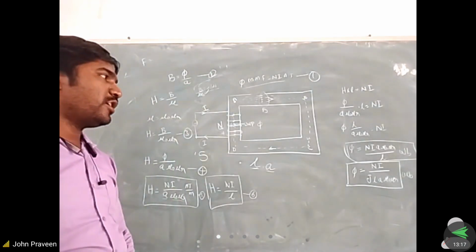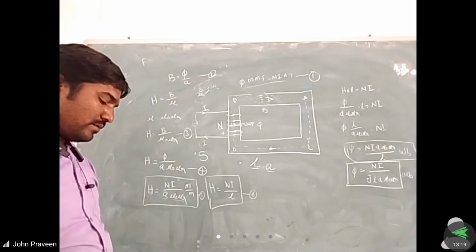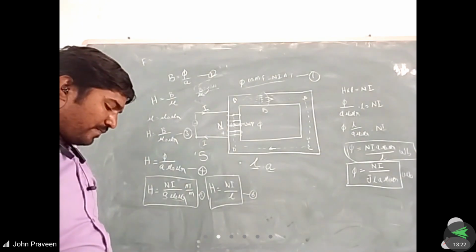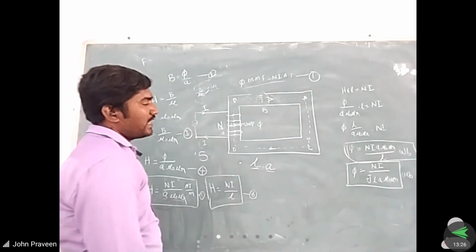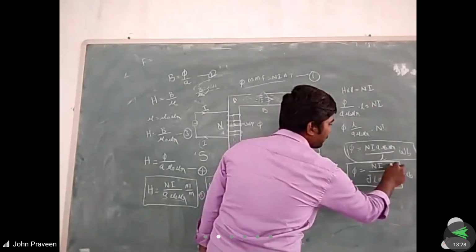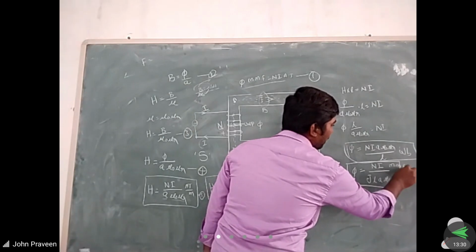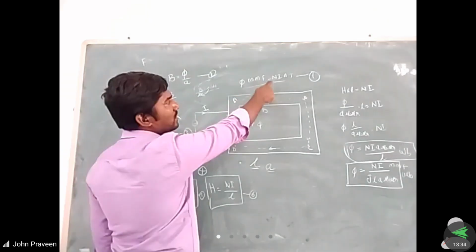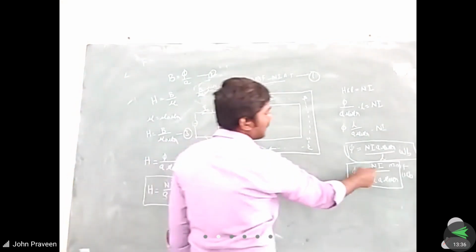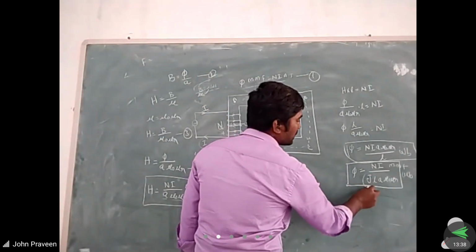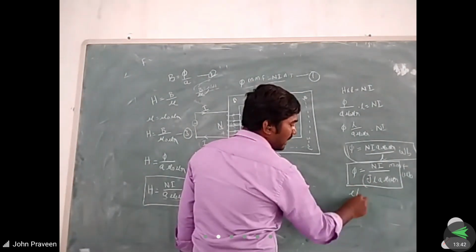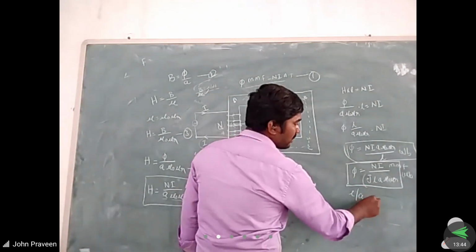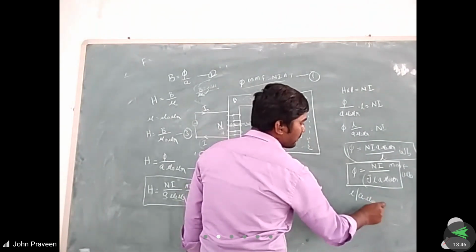Next we think about the ampere turns. How can we write here? N i is the MMF, which we call the MMF. In the first equation, MMF is equal to N i, so N i we can write as MMF. This portion, J, is nothing but the inverse of L by A into mu naught mu r.